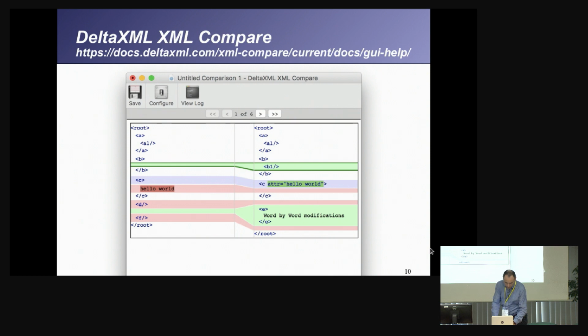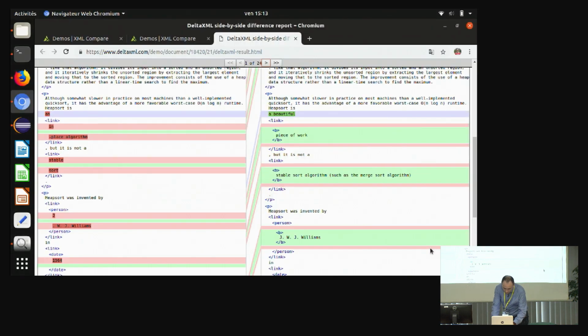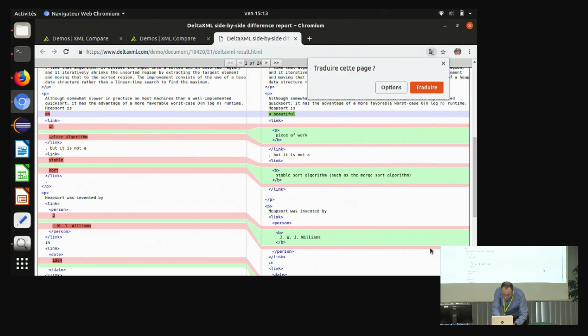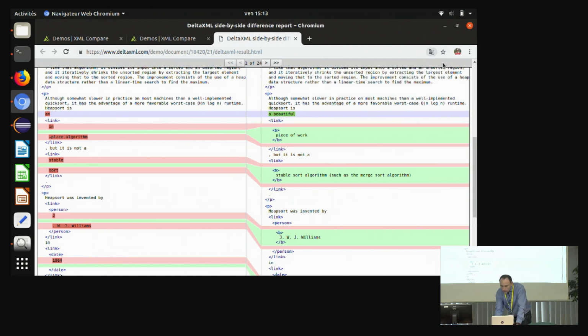For example, in DeltaXML, you see the piece of work and in-place algorithm example. It indicates that what's on the right side is between the first and the second word of the text chunk in the left side, instead of matching the text chunk together.